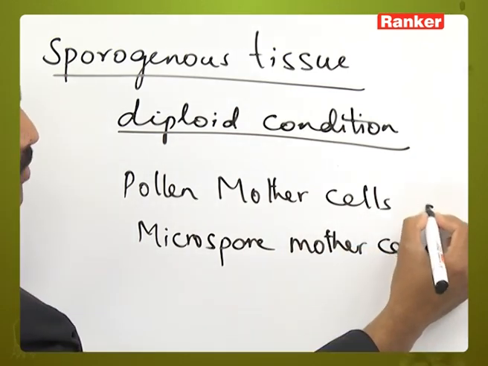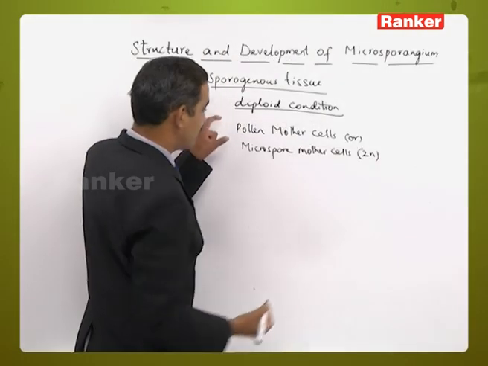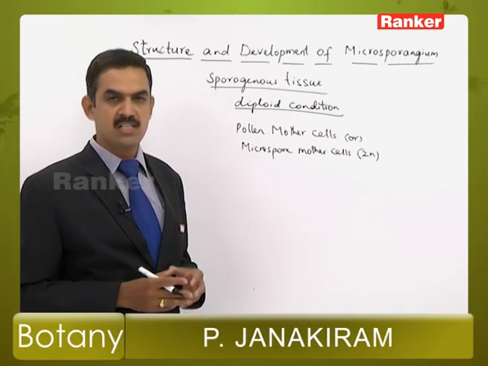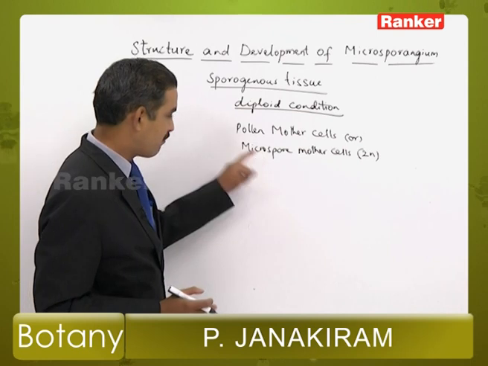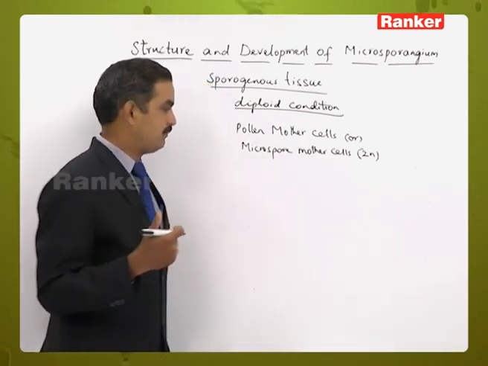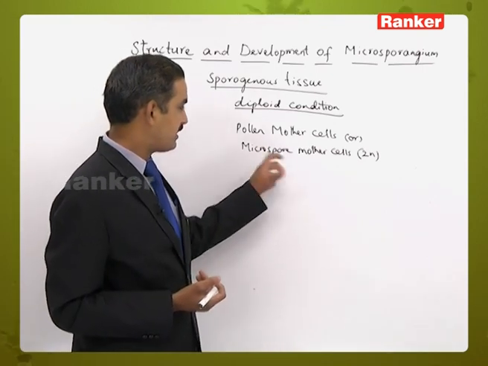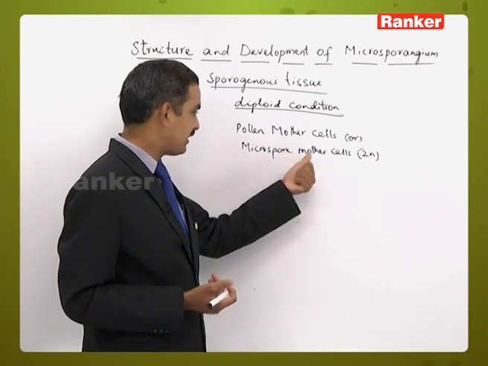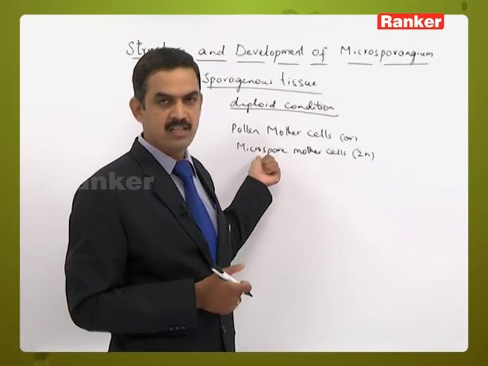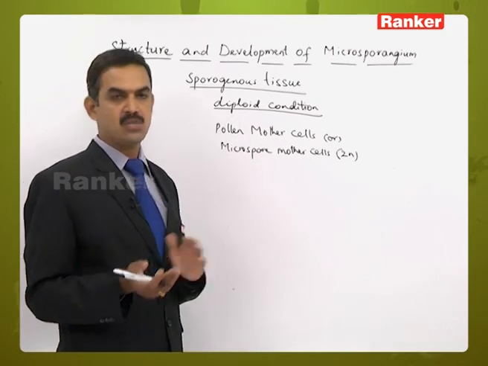These microspore mother cells or pollen mother cells are also diploid in condition because they are formed as a result of mitosis from the sporogenous cells. The microspore mother cell is considered to be the precursor for the microspores; the name itself makes it clear that it is a mother cell for the microspores. So the microspore mother cells will be converted into microspores in the process of maturation of the anthers.